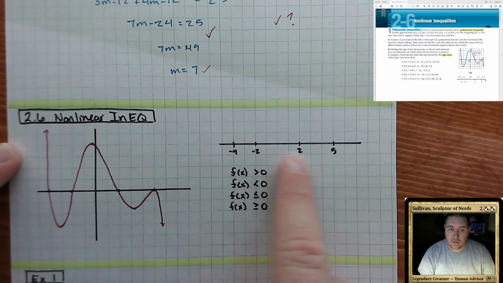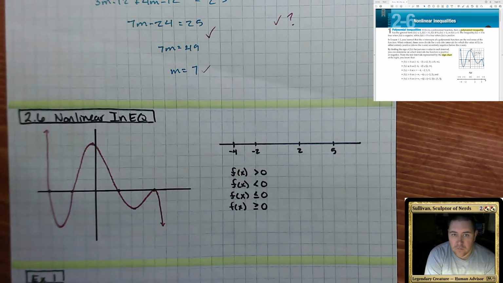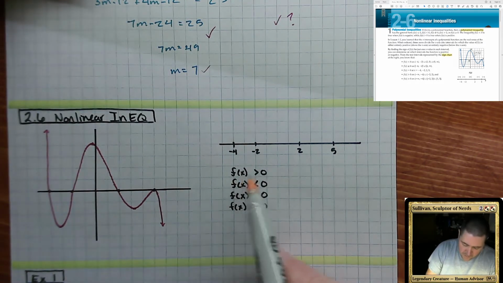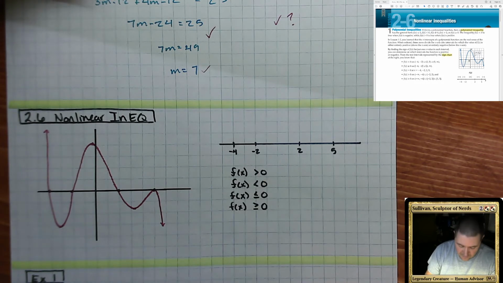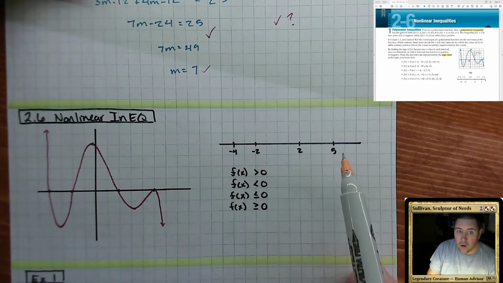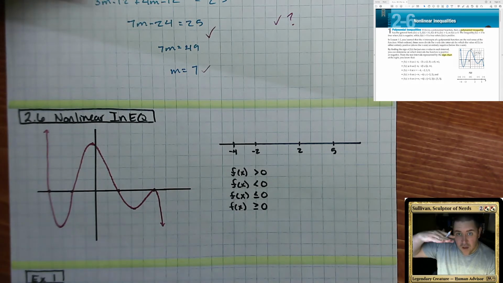And in that case, specifically, I already have it mapped out for us. Well, they have it mapped out for us. I just wrote it again. If I'm asking where this function is greater than 0, I start by finding where all of my zeros are, because that's the dividing line between greater and less than 0.